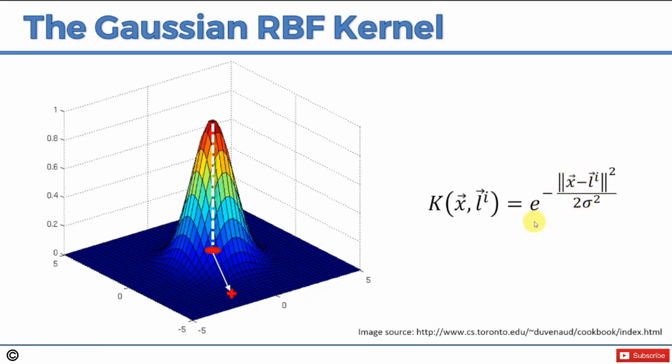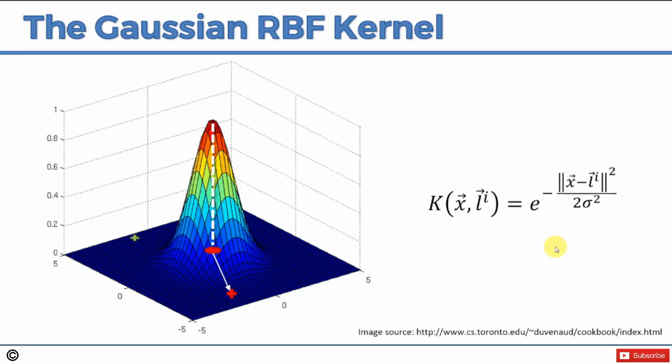If you take e to the power of a very large negative number, let's say minus 1,000,000, or just for argument's sake minus 1,000, what does that give us? That gives us a value very close to 0. It's basically equivalent to 1 divided by e to the power of 1,000, which is a very, very small number. So when you're far away from the landmark, you get pretty much 0 on the vertical axis, which aligns with our image here.